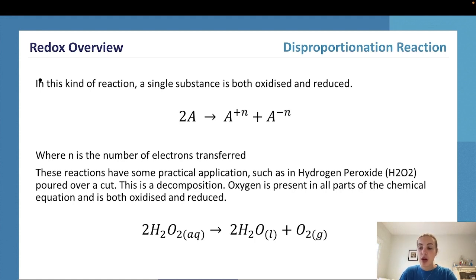With hydrogen at +1, we get +1 +1, so +2, and then we have 2 oxygens, so -2 by 2 gives us -4, and -4 +2 gives us -2 overall. We can't have -2 overall, because that would mean this is not a neutral compound, and we do know that this is a neutral compound, so that would not be correct.